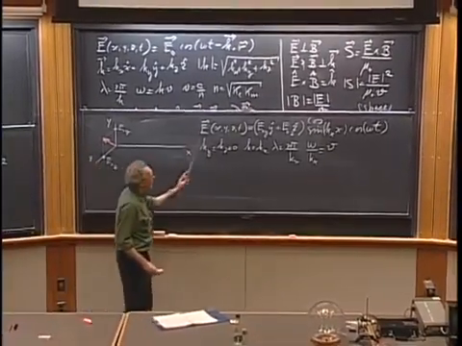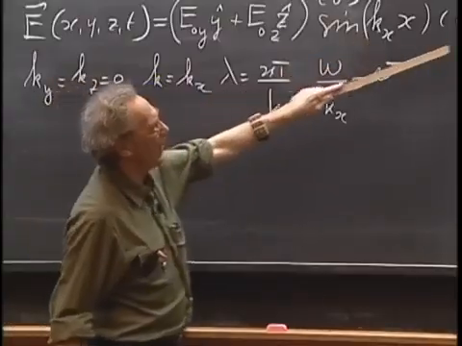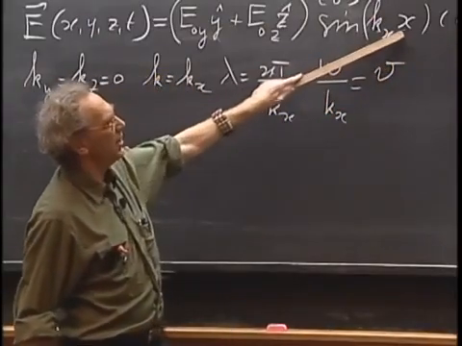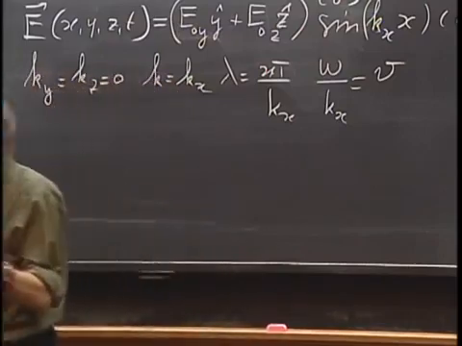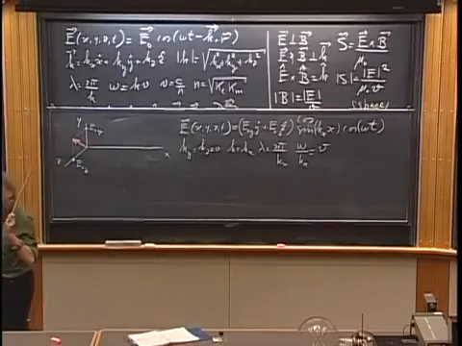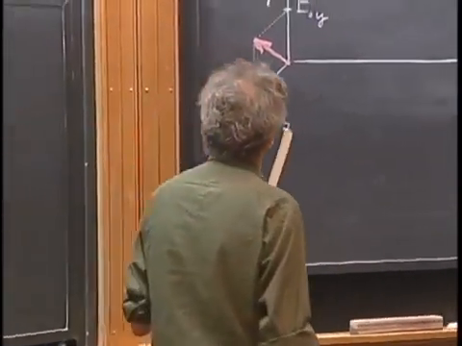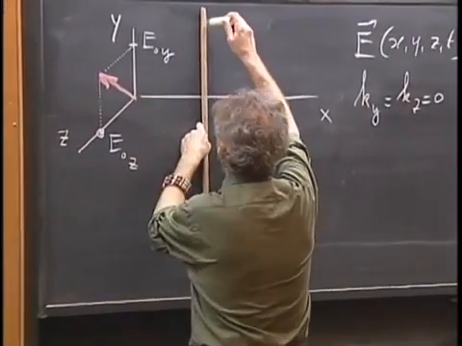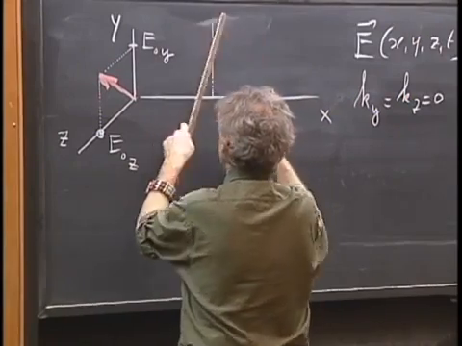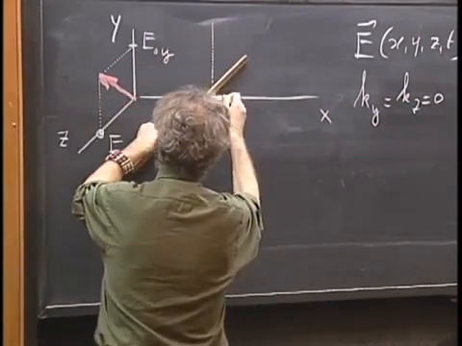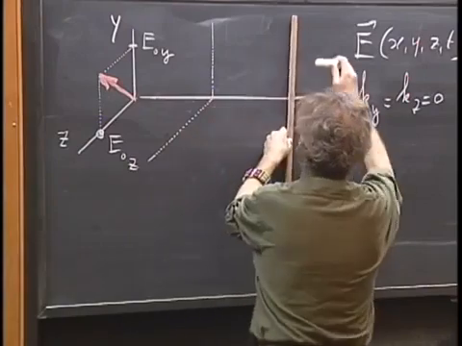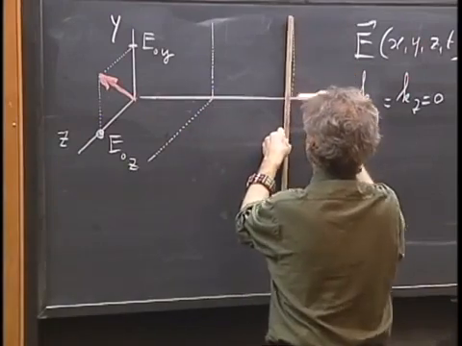The fact that we have here the spatial part separated from the time part means that there are locations for x which never change, whereby the E field is always 0. That's typical for a standing wave. And in this case, they will be nodal planes. The whole plane perpendicular to the x direction, I will draw one here, and I will draw another one here.